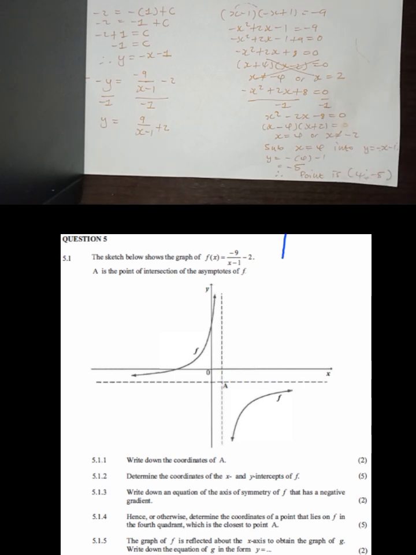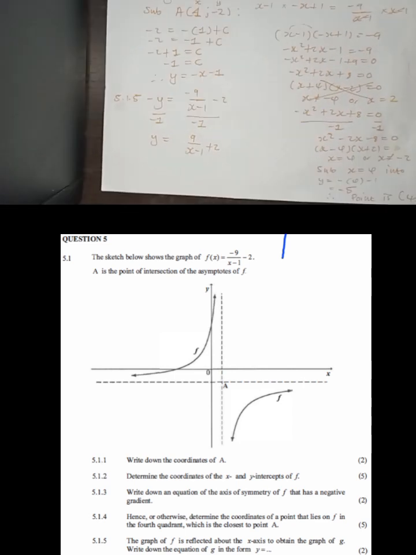Moving on to 5.1.5, which says the graph of f is reflected about the x-axis to obtain the graph of g. Write down the equation of g in the form y is equal to. So for a reflection about the x-axis, you negate the y.